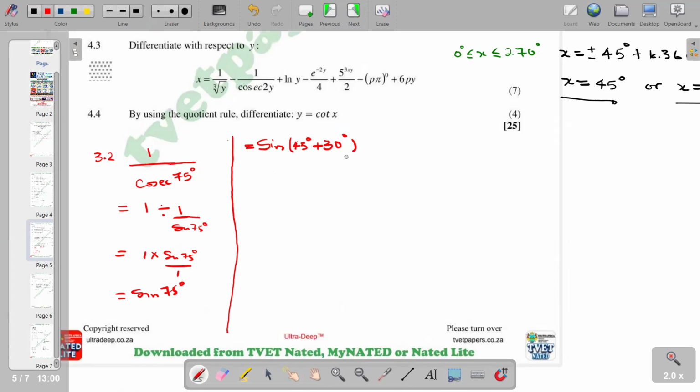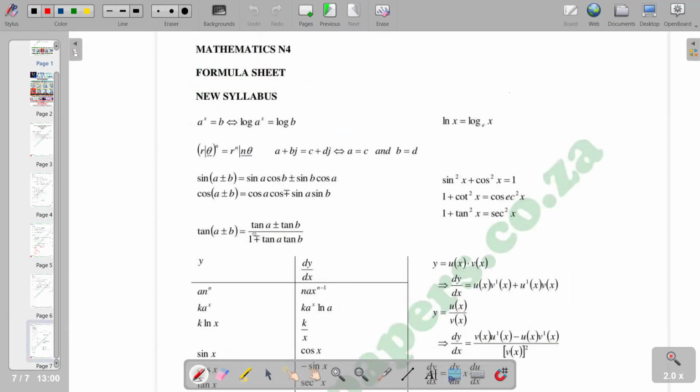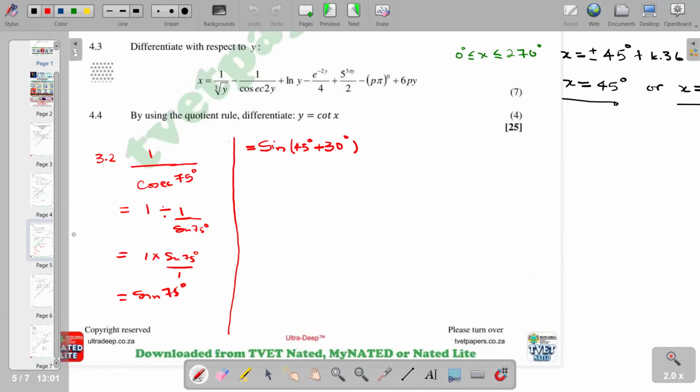But now we have a compound angle. We have to go to the formula sheet and extract the formula for compound angle, sine, which is here. We check that plus is on top here, so we are going to take the one with plus, because we are using plus in our question.